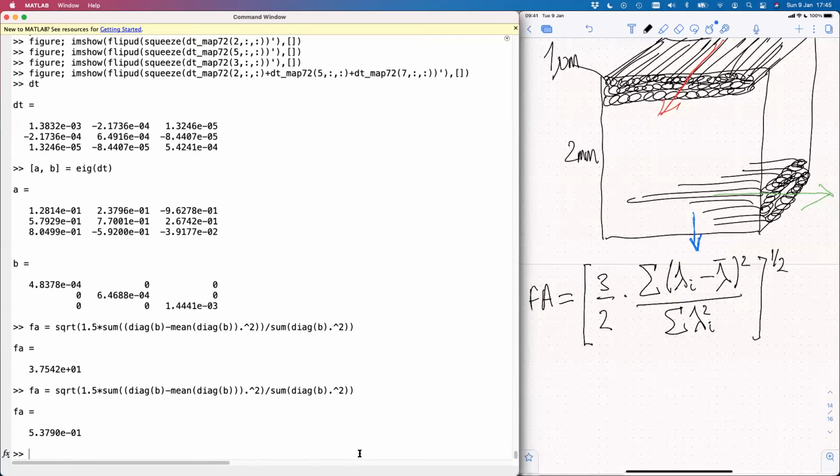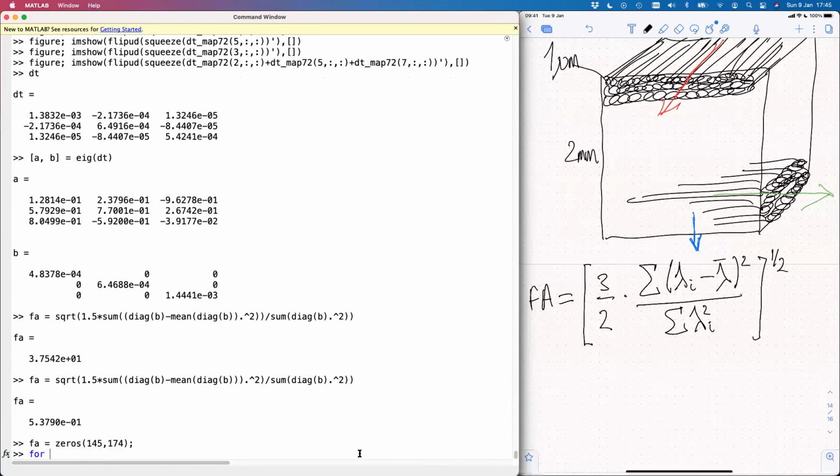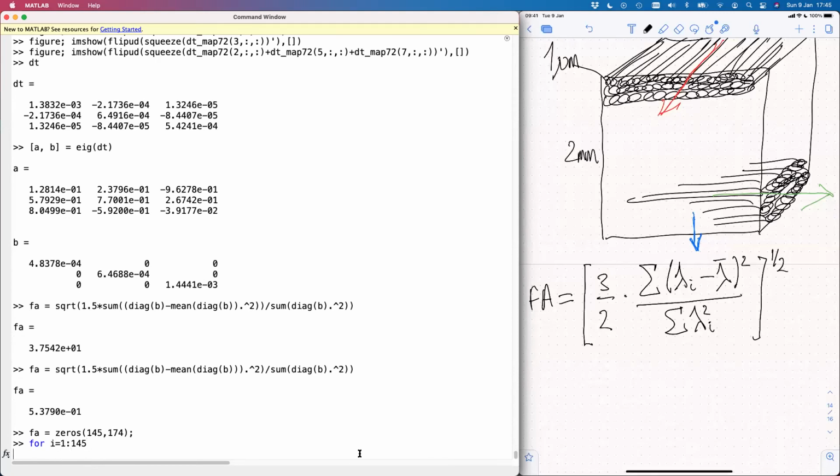Okay, so let's now compute this, map this over the whole image. And I'm going to do this just by looping over all of them. So we'll create a repository once again of zeros, FA, and then we're going to loop minus 1, 2, 1, 4, 5.